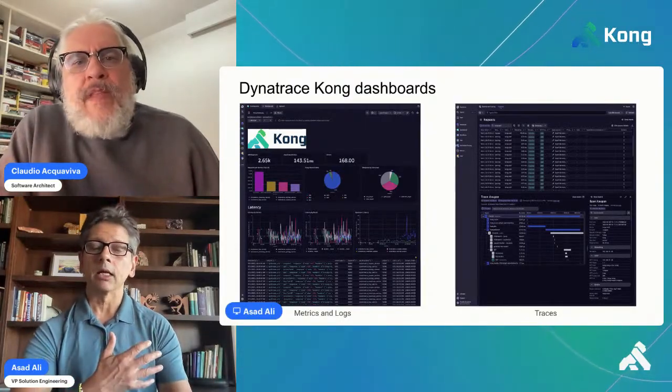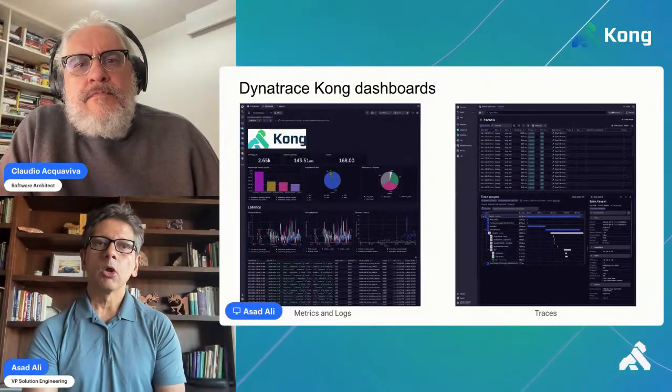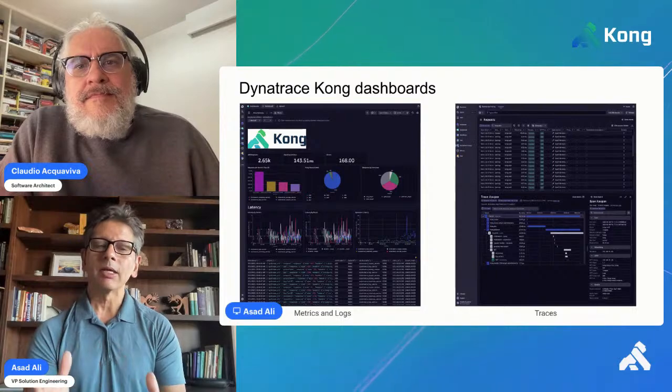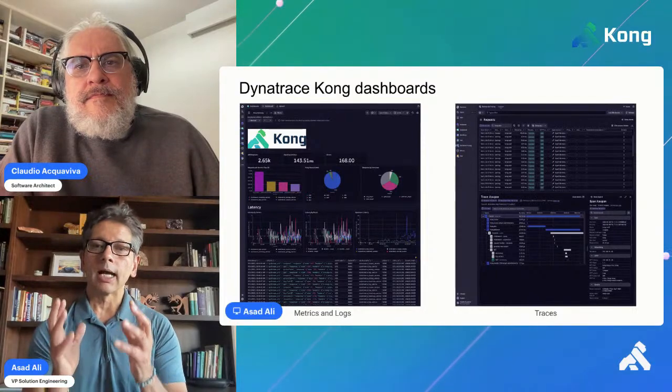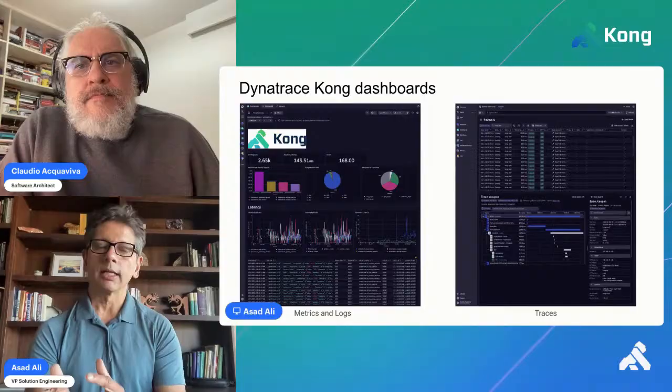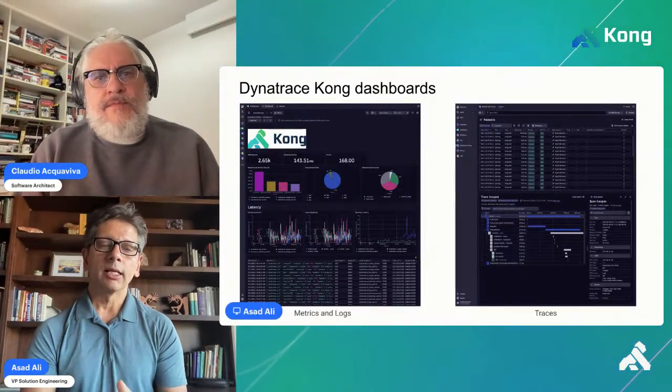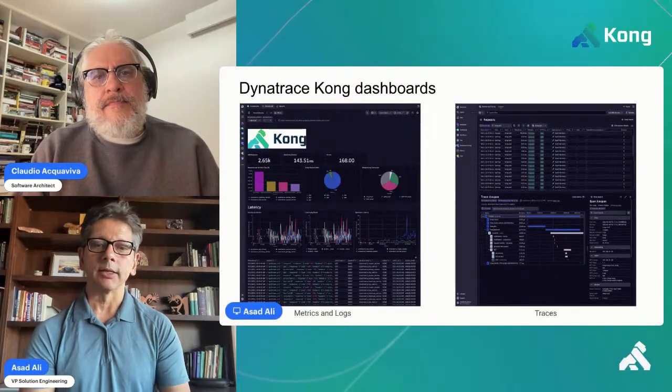Maybe it's the backend layer. Maybe it is a plugin within Kong that is causing slowness or some errors. So by having both the data set with a high-level view using the dashboard on the left as well as individual traces and trace-level data, you can really identify the root cause easily.